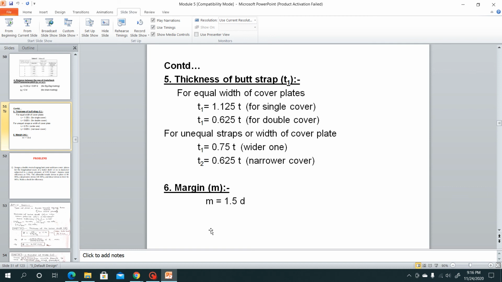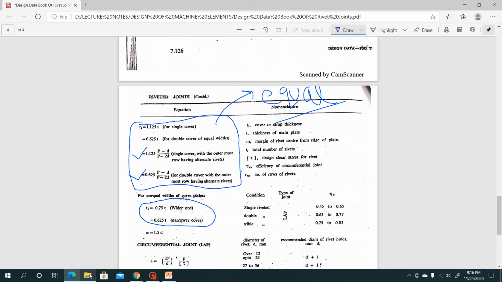This is also given in the data book. Let me show you where it is given. See this expression: margin of the longitudinal butt joint is M equal to 1.5 times D, since D is the diameter of the rivet, which we have calculated in the second step. So with the help of that value, we can get the margin of the rivet.